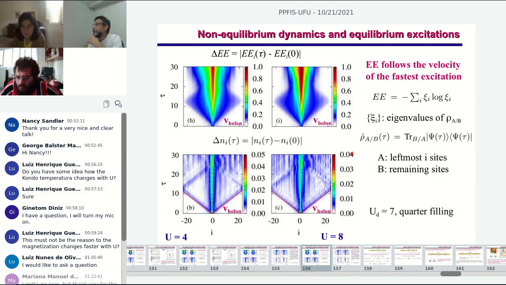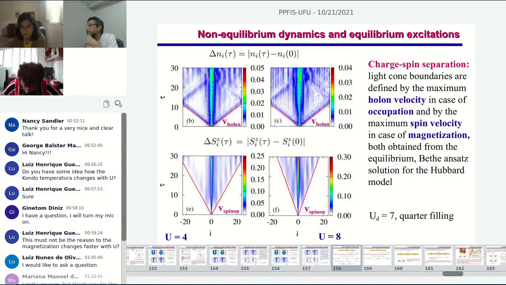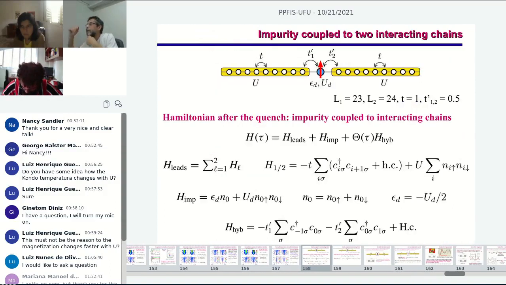My other question is, if you go to the drawing with the model with the chains, I don't know if you have thought about the possibility of trying to investigate the two-channel Kondo with a similar model.